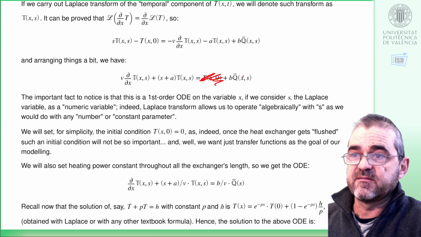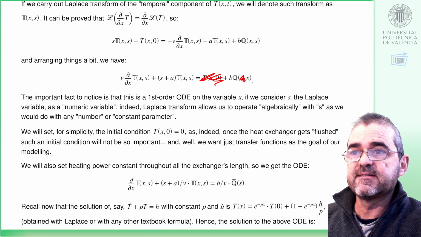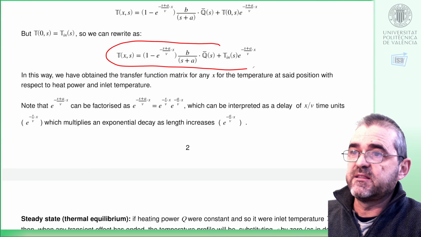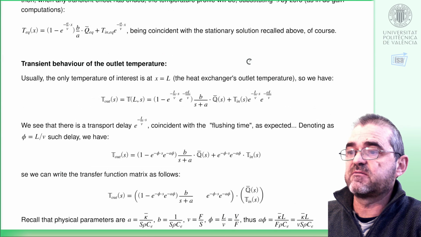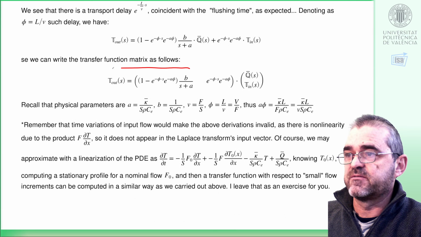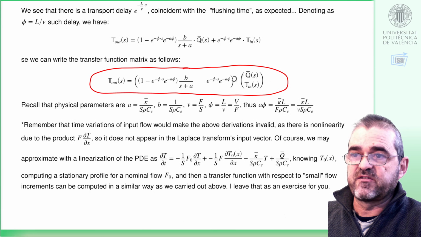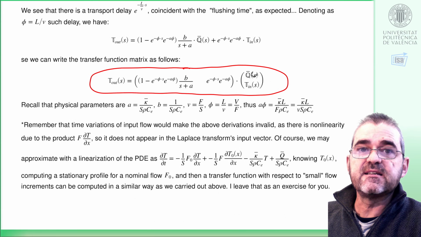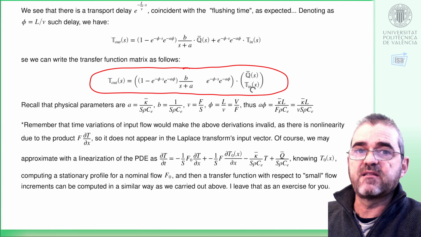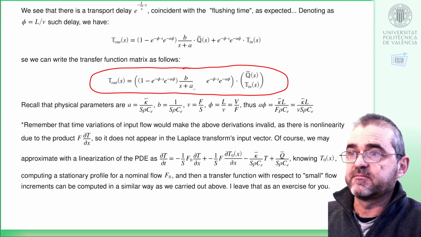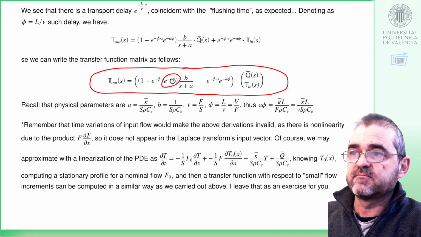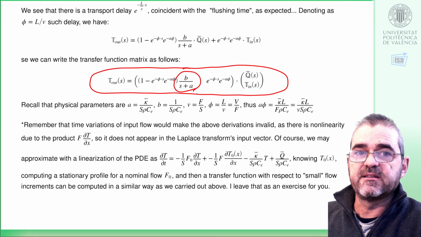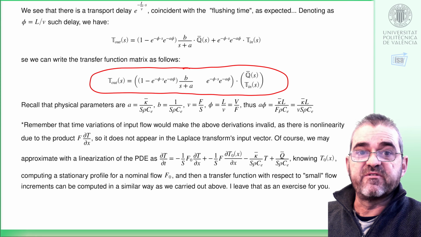And also for simplicity, we have assumed uniform heating, and then we ended with this representation in Laplace domain that, if we particularize to the outlet temperature, we end up with this transfer function matrix representing the dynamics of the heating power and the inlet temperature, in which we observe delay, exponential decay as we move to the right, and first order heating dynamics. So we finish with this.